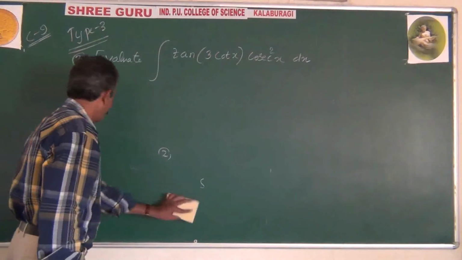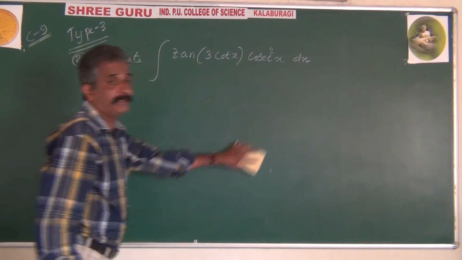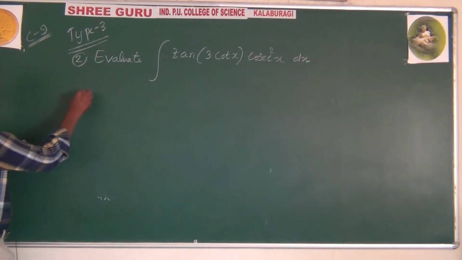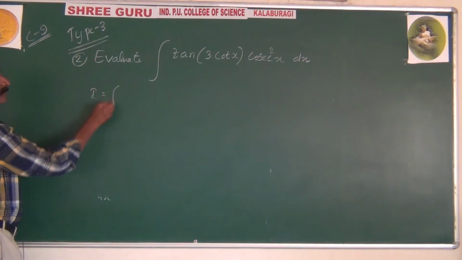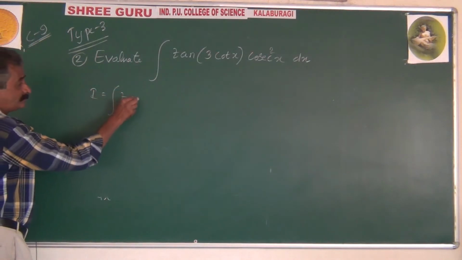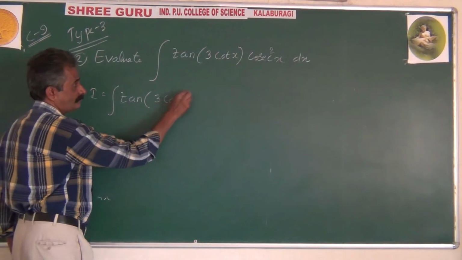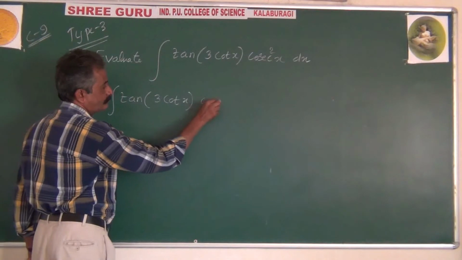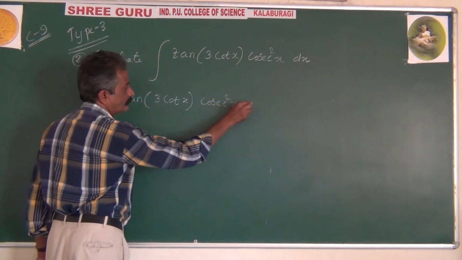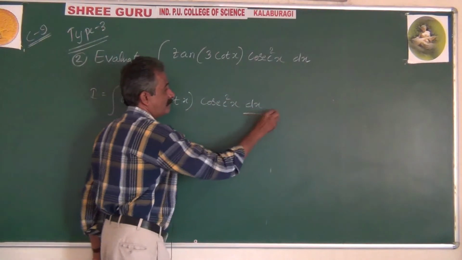Start from I. Let I equal to the given integration problem, I equals integration tan of 3 cot x into cosec square x. Call it 1.